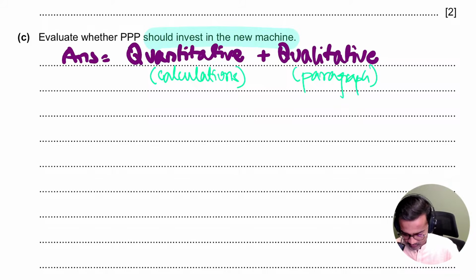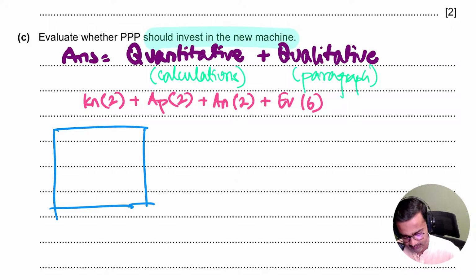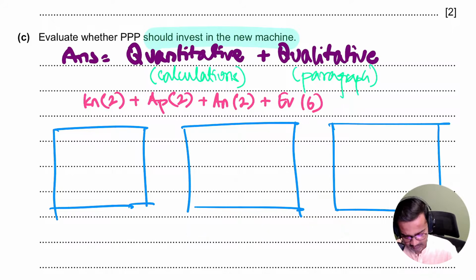Okay, now a few other things that you must remember about 12 markers is that for a 12 marker you are given 2 marks for knowledge, 2 marks for application, 2 marks for analysis, and 6 marks are for evaluation. Okay, and how I usually answer a 12 marker is like this, that you split it into 3 paragraphs.